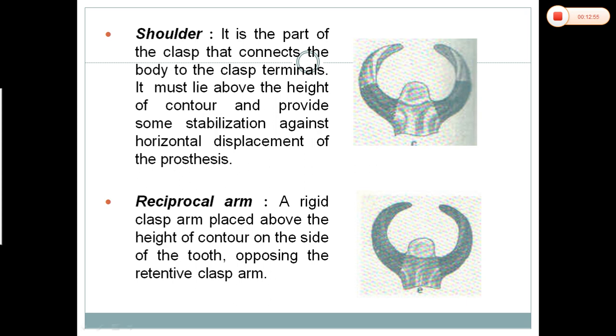For example, the retentive arm is positioned on the buccal surface of the tooth, and on the opposite lingual side, the reciprocal arm is positioned. The reciprocal arm is always present above the height of contour. It provides reciprocation.